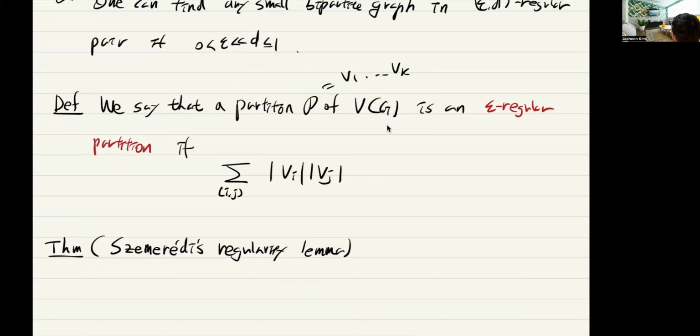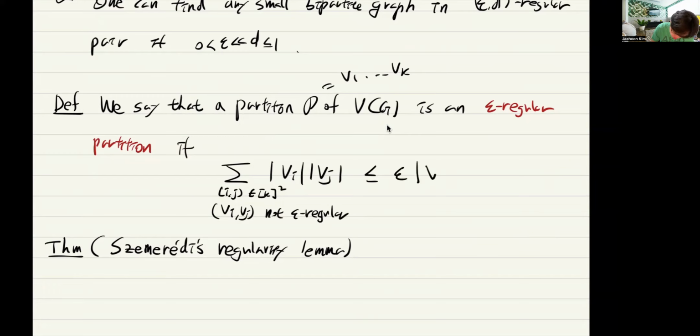And for all i, j, you consider the ones which are not epsilon regular. You want to show that most of them are epsilon regular, in a way that we choose the pairs which are not epsilon regular and we add them up.